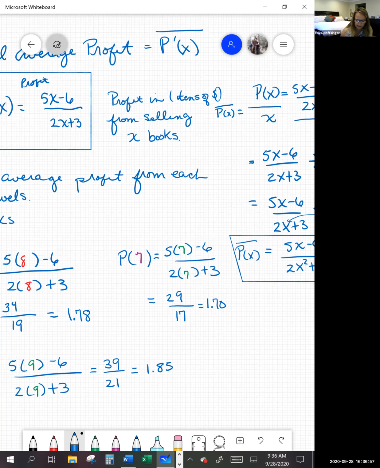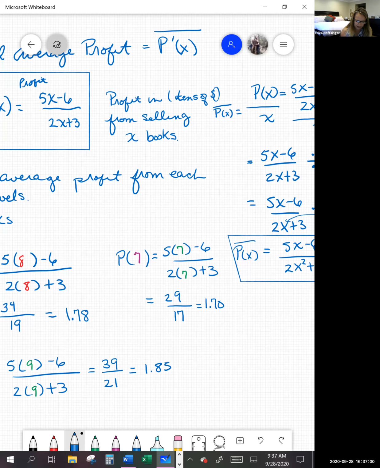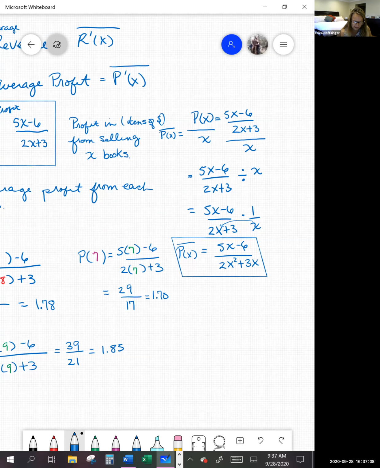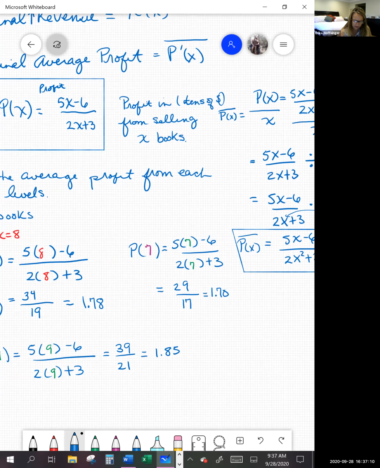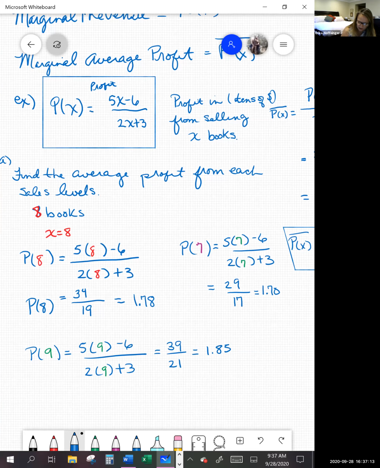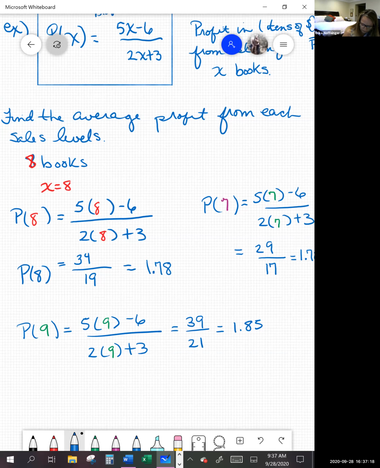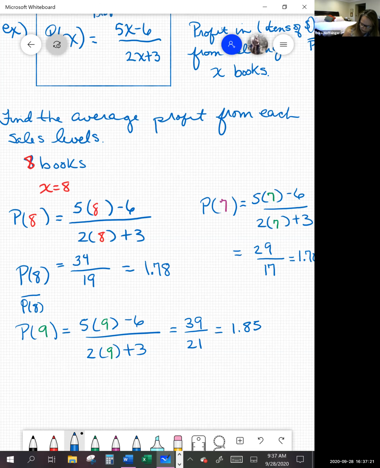Technically, all I have to do is divide our answer by x. Here, if I wanted this, it would have been this 1.78 all divided by 8. Okay.